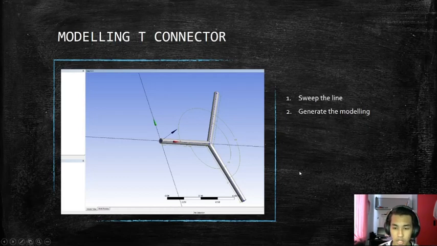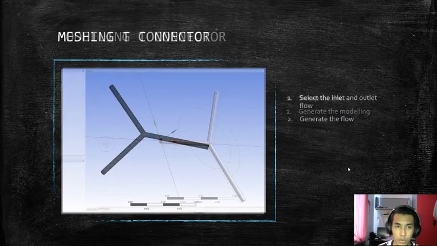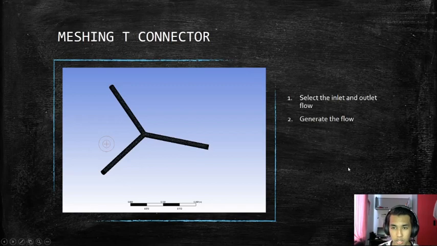The second type of the hose pipe is the T connector. This is the final geometry sketch. Then after that we need to generate the modeling, and then we need to mesh the T connector, and we need to choose which part is the inlet and also the outlet flow.